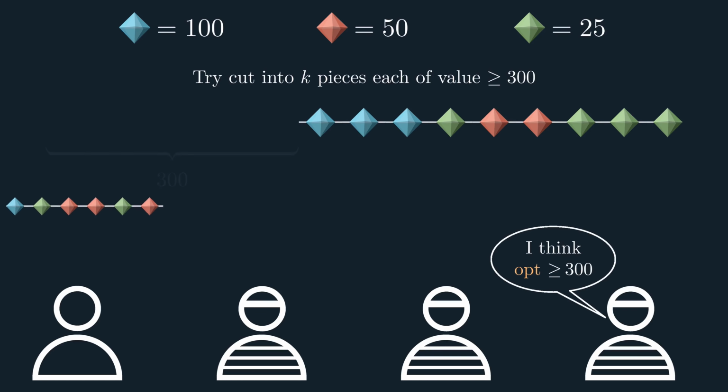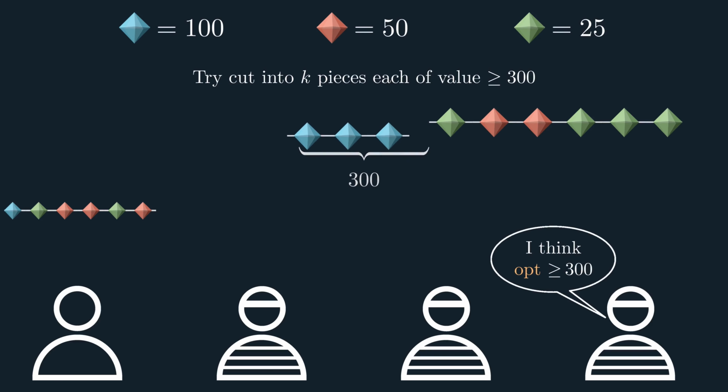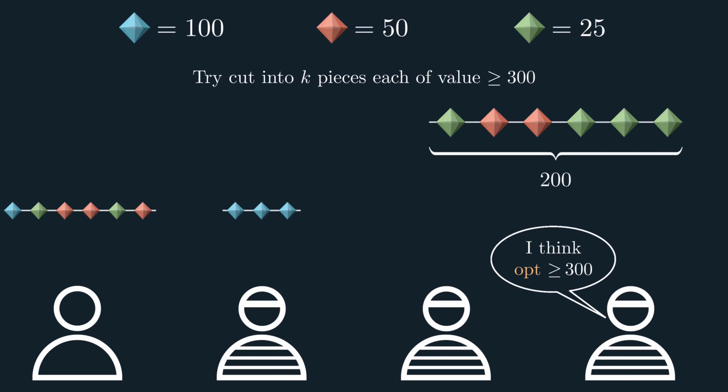We make a cut and do this for the second piece as well. However, while processing the third piece, we realize that we have not enough gems anymore, meaning that we cannot fulfill our friend's request. This happened because there's no valid way to cut the necklace into 4 pieces that all have a value of at least 300. Thus, we can simply tell our friend that his request is impossible.